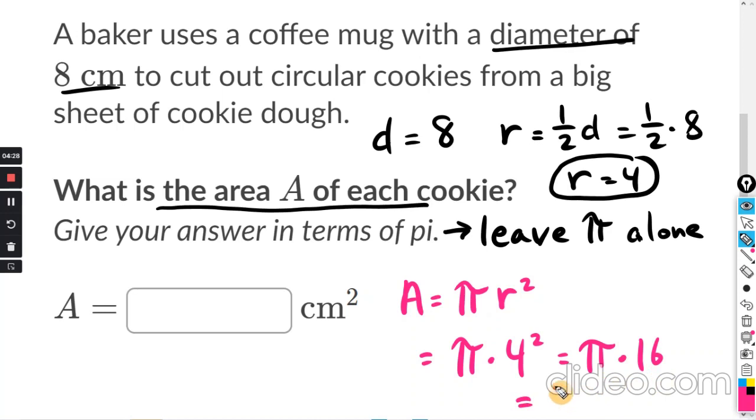So pi times 16 is just 16 pi. All right, and the units were in centimeters, but when we squared r, the centimeters got squared, so that's going to be centimeters squared. Okay, but they already wrote that, so it's just 16 pi in the box.